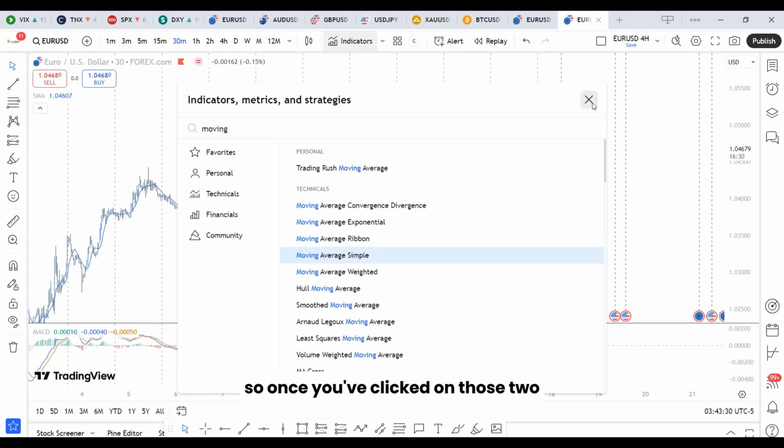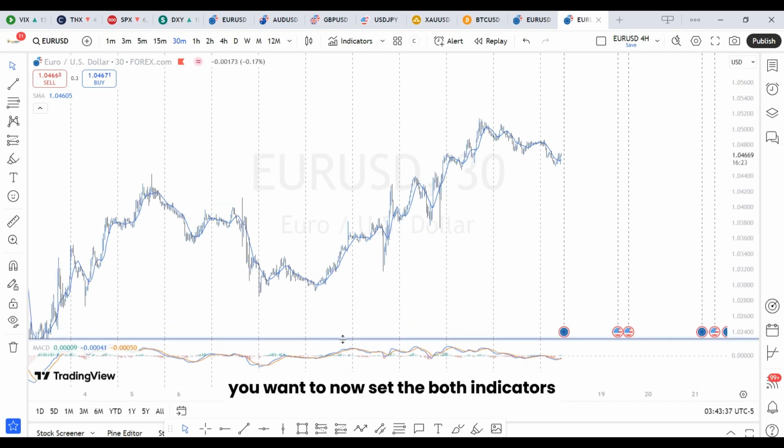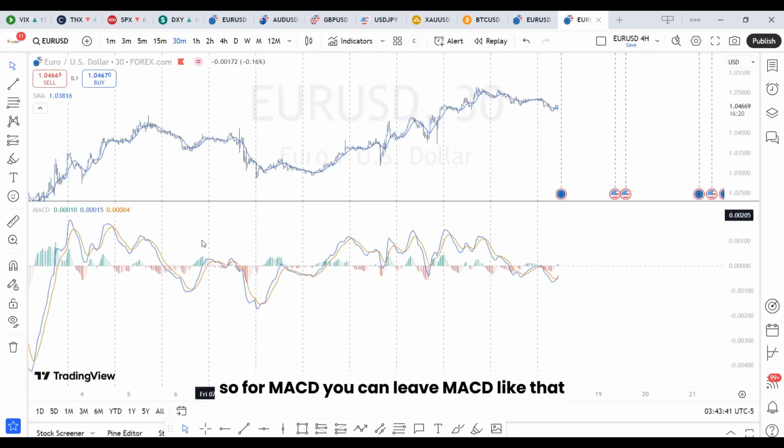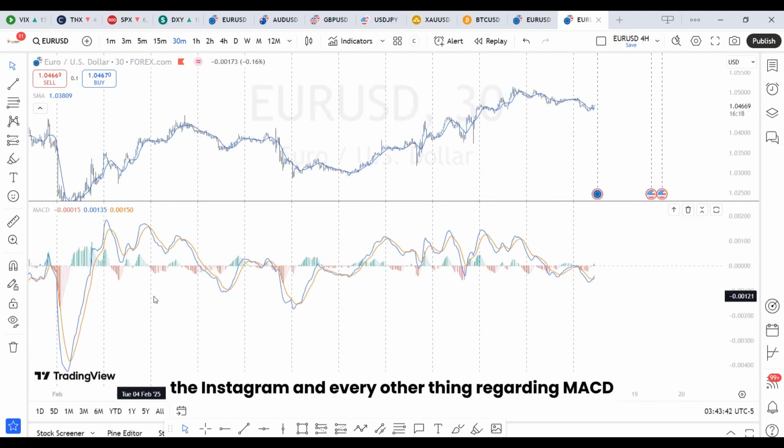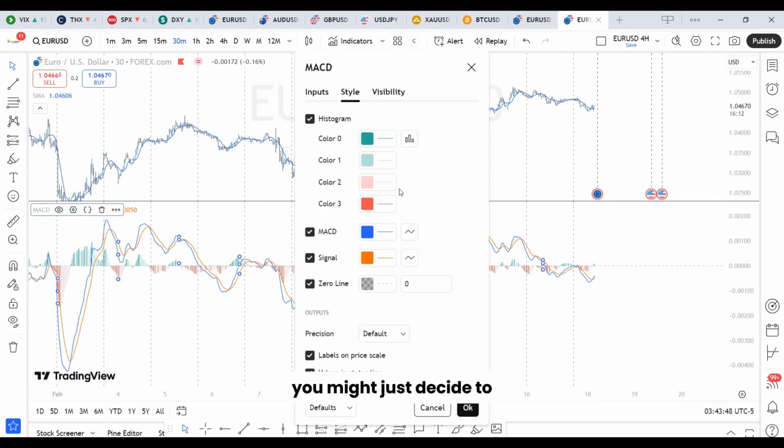So once you've clicked on those two indicators, you want to now set both indicators. For MACD, you can leave it like that. The histogram and every other thing regarding MACD, you can leave it like that. You might just decide to close the histogram, or you can still choose to leave it.